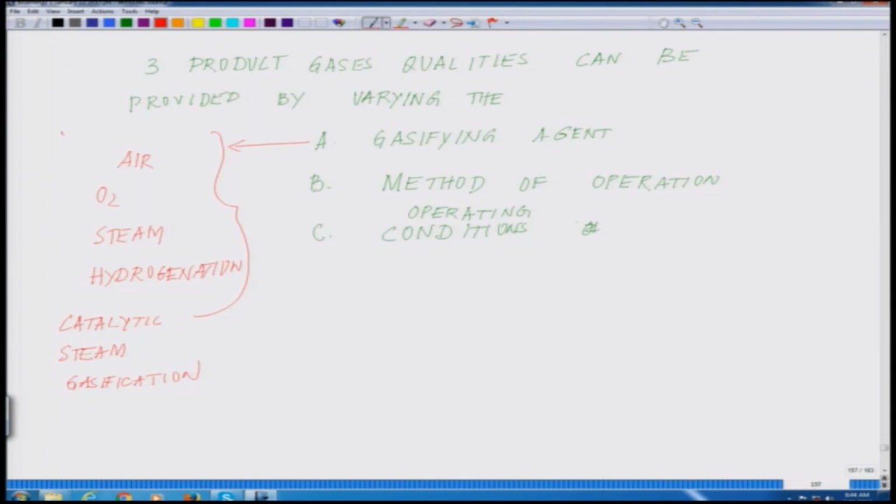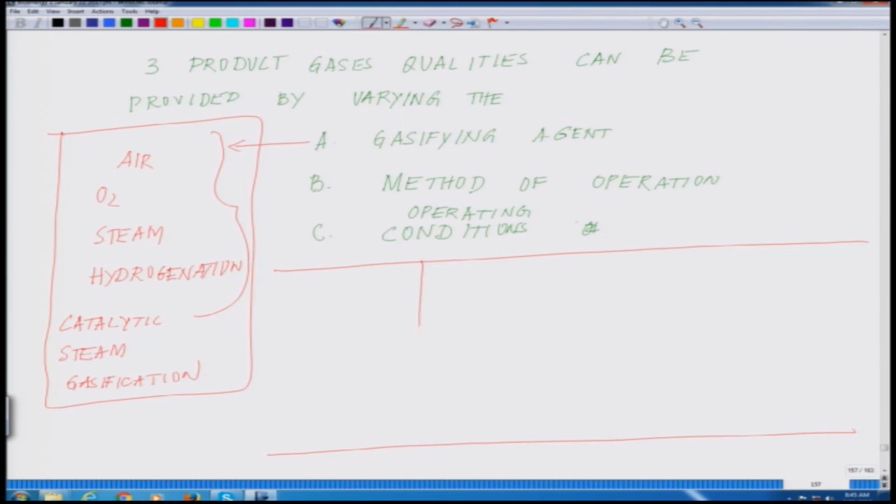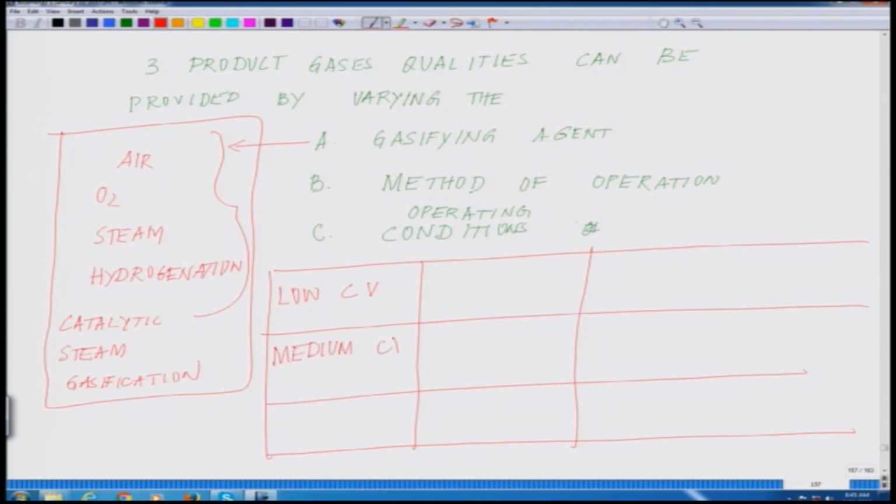So, these are the different gasifying agents which are being followed, and what you get out of this is three classes of products with different calorific values. One is low calorific value, CV stands for calorific value. You get medium calorific value and you get high calorific value products.